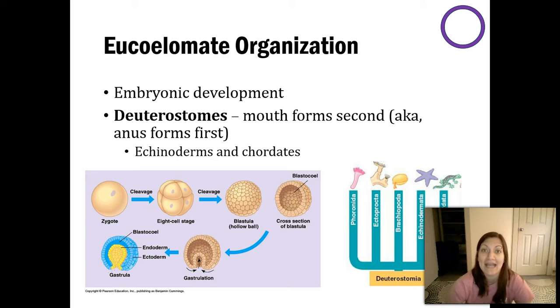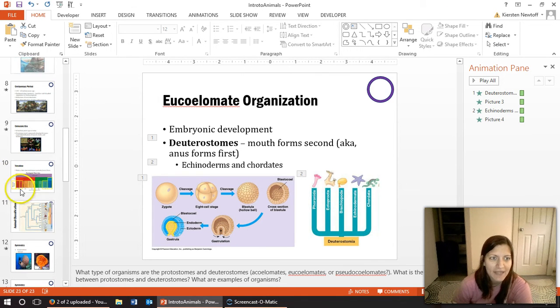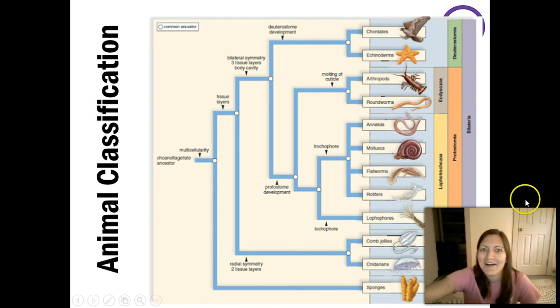So again, it's just a way to kind of start classifying the huge animal kingdom that we have. If I actually go back a couple slides to this one, we're going to do an activity maybe on this.